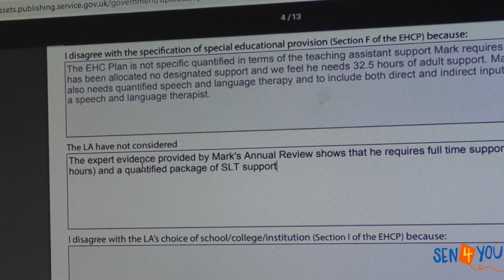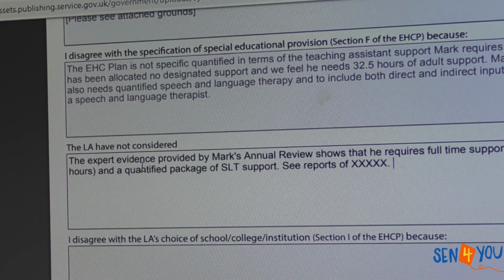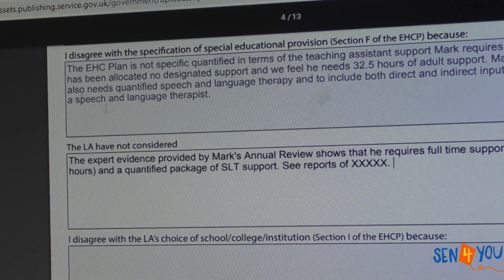That's an abbreviation for speech and language therapy support. And then you can say, see reports of, and so on. Absolutely, that's it. So there's no mystery here.